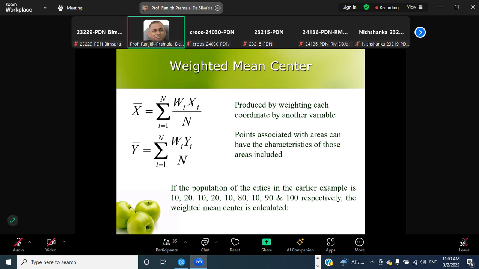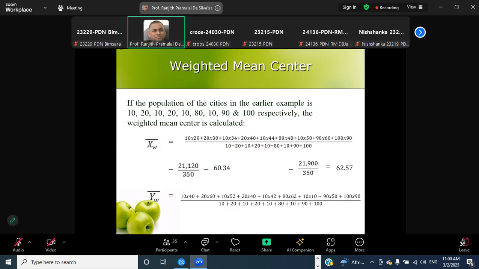Okay, it's not a big deal. In this example, we calculate the population by weight and then get x sub w bar and y sub w bar.